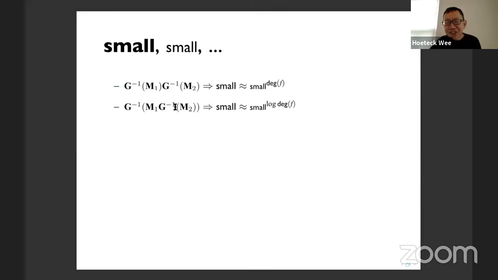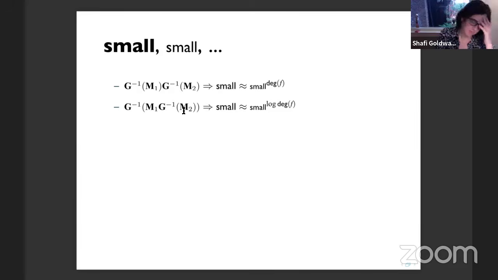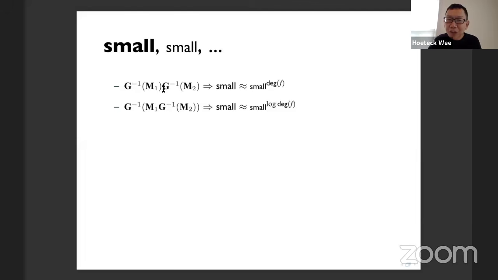Good. Okay, so I slightly cheated, but what is the difference between both of these equations? They both satisfy the property that G times the whole thing is M1 times G inverse of M2. So if you do it this way or this way, you still get G times the result equals M1 times G inverse of M2. The difference is that if you do it this way, you get the product of two 0, 1 matrices, so your new matrix is going to grow by basically the dimensions of the two things.